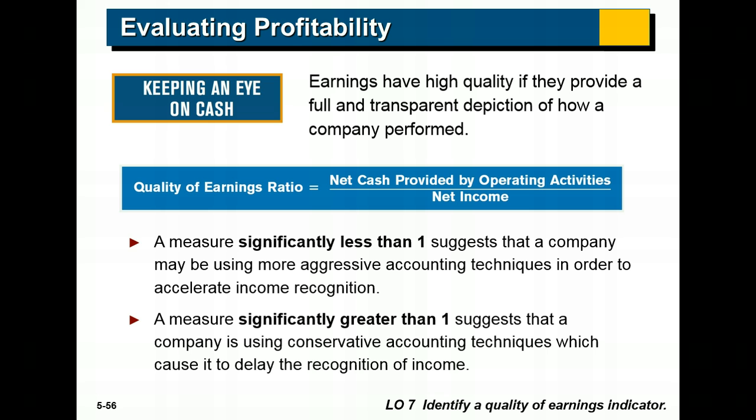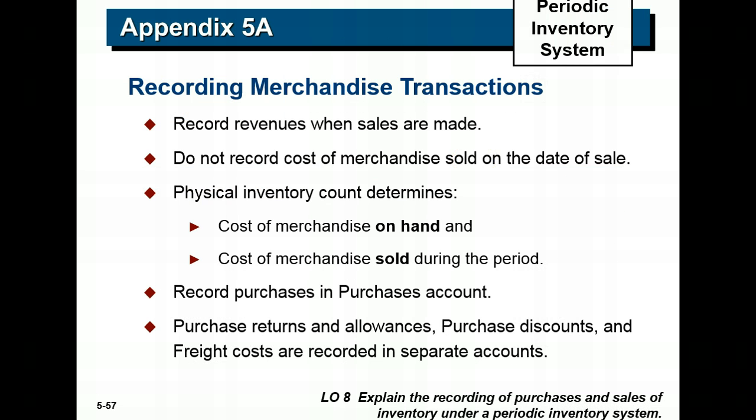So basically, the quality of earnings ratio is helping you see, again, all of these are comparisons between companies or between years. Net cash provided by operating activities divided by net income really allows you to see how much of their money is coming from operating activities, not from other sources.